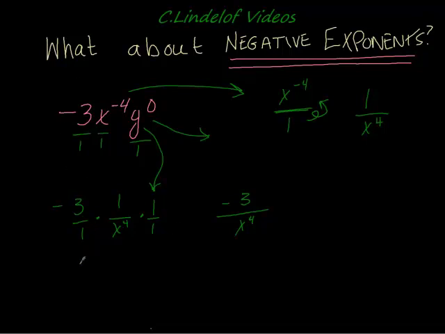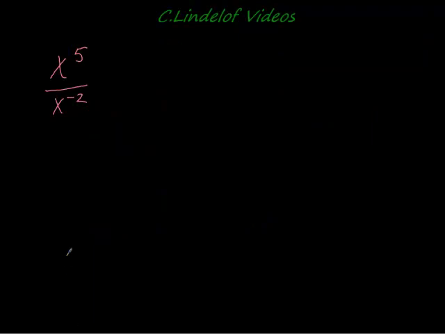Let's just take a couple more questions really quick, just so you can practice this, right? So here's another one. There are rules of exponents, probably 5 or 6 of them that you should probably know. One of them talks about what to do if you have this. It's called the quotient property. But I'm not going to do that. Instead, I just want to show you how we can undo a negative exponent.